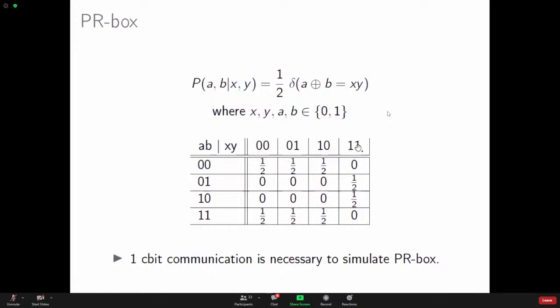And when the product of the measurements is 1, then they are perfectly anti-correlated: half probability to be anti-correlated in this way and half probability to be anti-correlated in this way. One can argue, and this can be an interesting thing to check, that these kinds of correlations are not realizable in quantum mechanics.